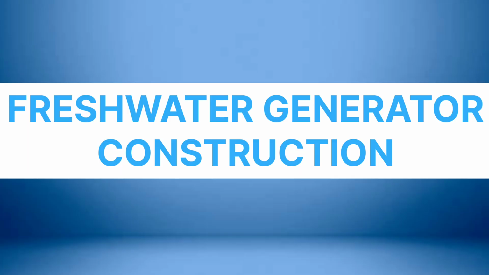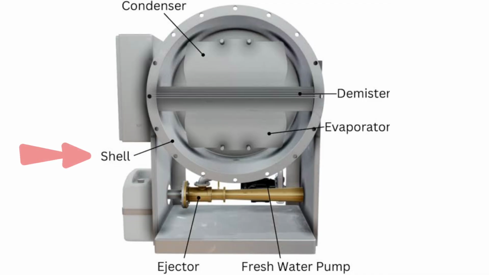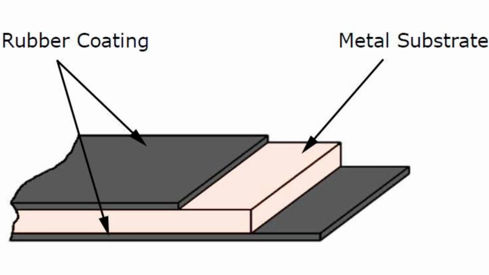Construction of freshwater generator. The shell is usually fabricated steel or non-ferrous metal like cupronickel, which has been shot blasted then coated with some form of protective coating. One type of coating is sheet rubber, which is rolled and bonded to the plate then hardened afterward by heat treatment.